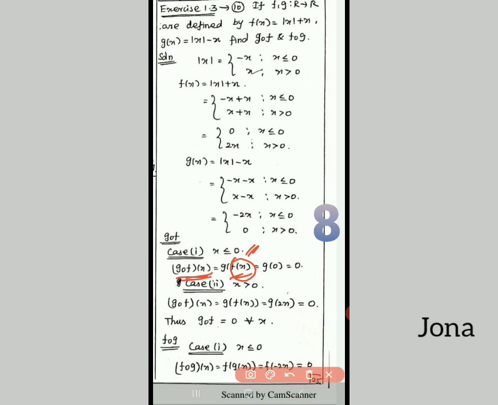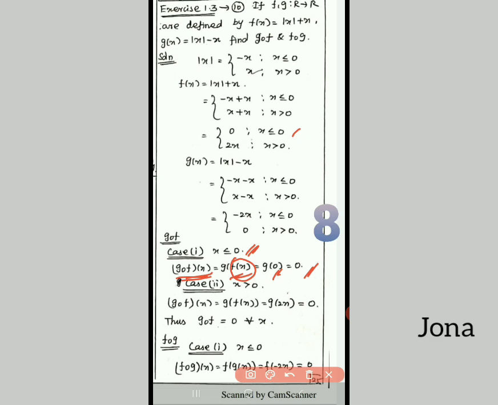What will be f of x? 0. So instead of this f of x, I got 0. Outside I have g already, keep as it is. So g of 0 is there. In the same g of 0, what value did I get? For x less than or equal to 0, I got 0 only. So the value is 0.